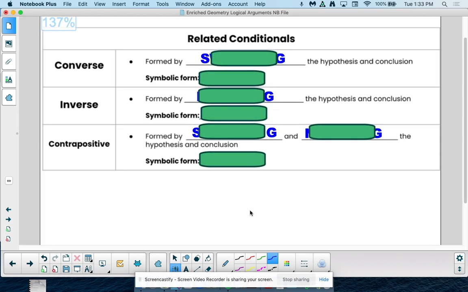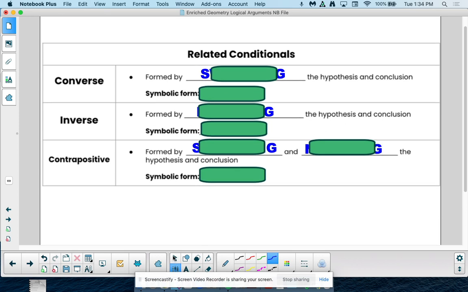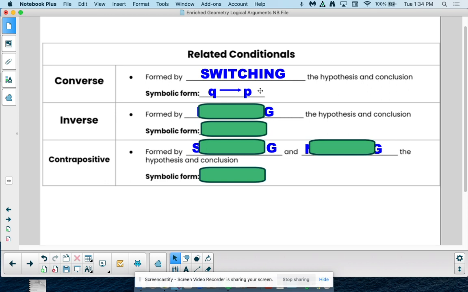Okay. Last little bit here is we can rewrite our conditional statements. A converse is when you switch the order of the hypothesis and conclusion. So your converse is when you flip the order. Inverse is when you negate them. So not P implies not Q. We're going to "not" them.